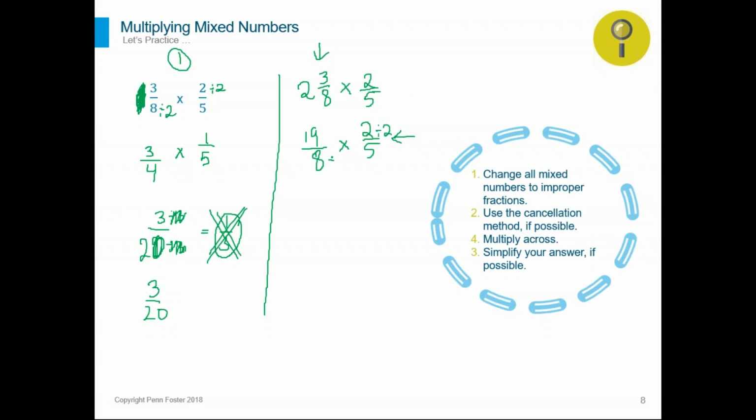Divide over 2 and divide over 2. 19 over 4 times 1 over 5. Multiply 19 times 1 is 19, and then 4 times 5 is 20. So that would be the final answer for this question if we had the mixed number in.